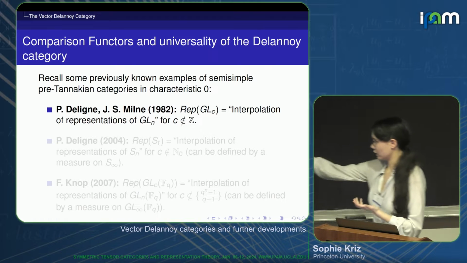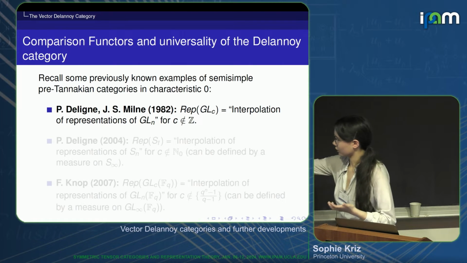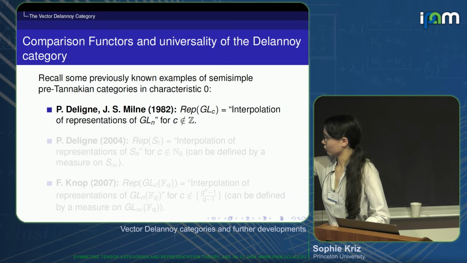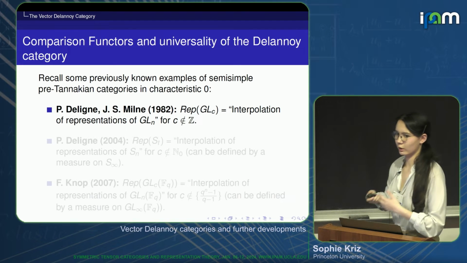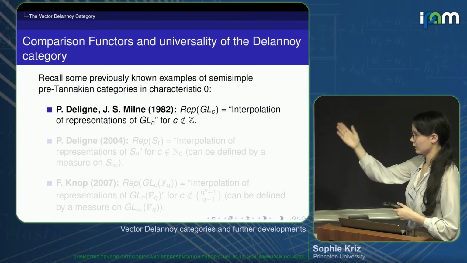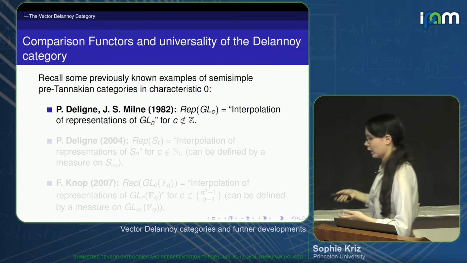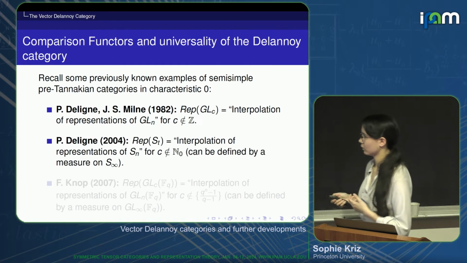In 1982, there's this classical example by Pierre Deligne and Jonas Milne of the interpolated representations of GL_N, which is semi-simple as long as we stay away from values of C in the integers, and has growth e to the constant times n times the logarithm of n.